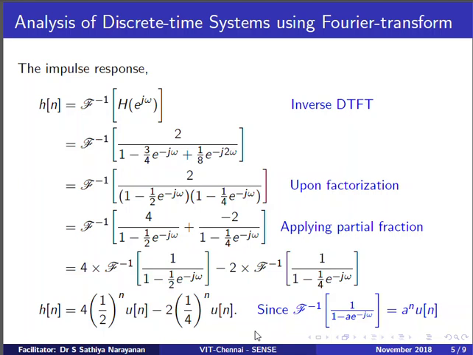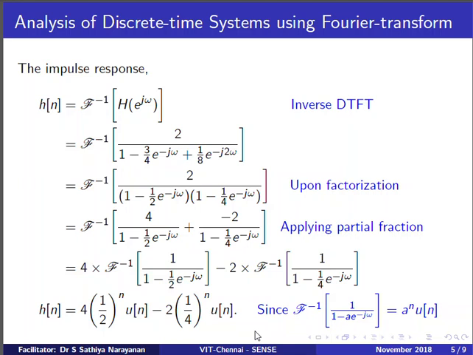Just to summarize what we have done in this problem, a system characterized by its difference equation is given, and we are asked to find the frequency response H of e raised to the power j omega, and the impulse response h of n.